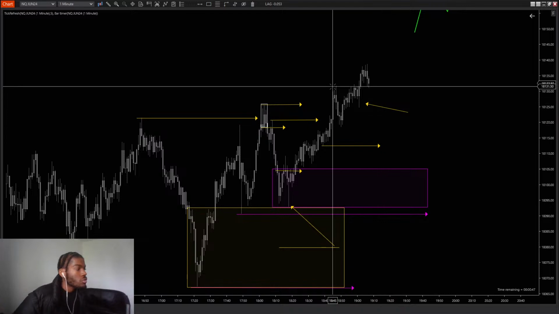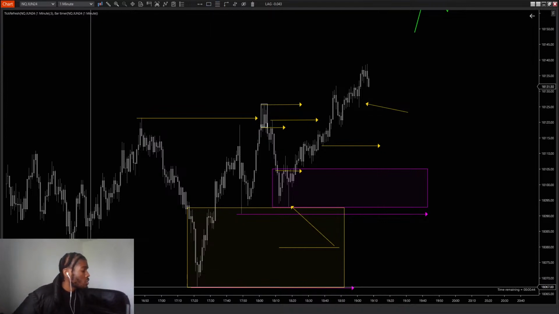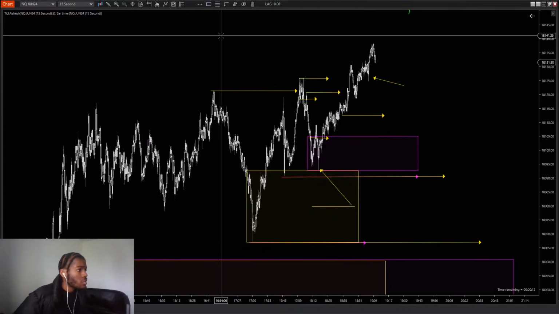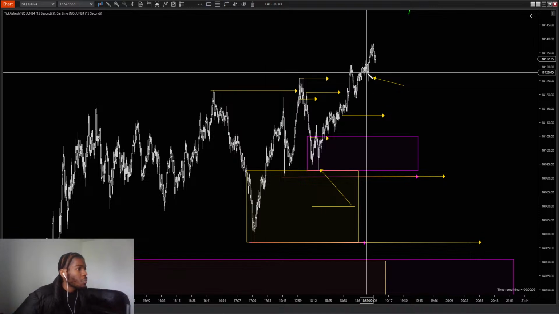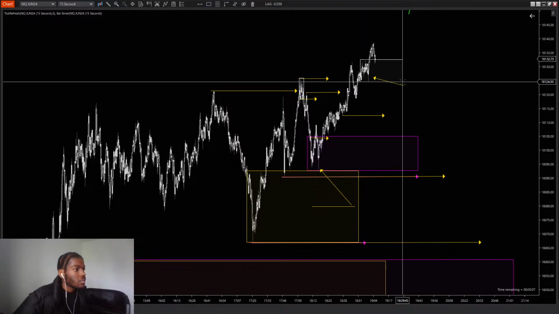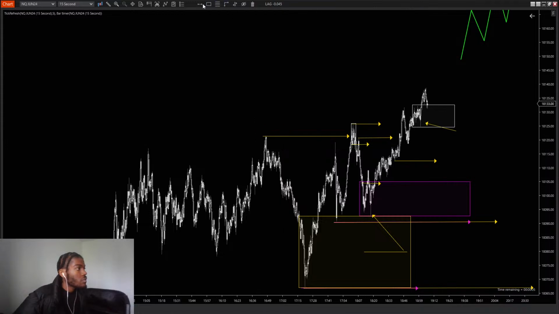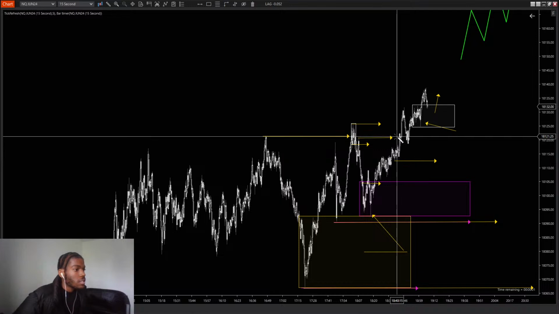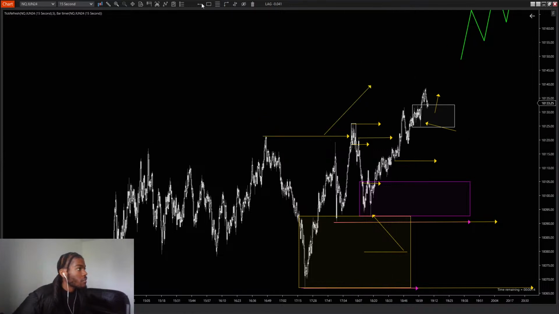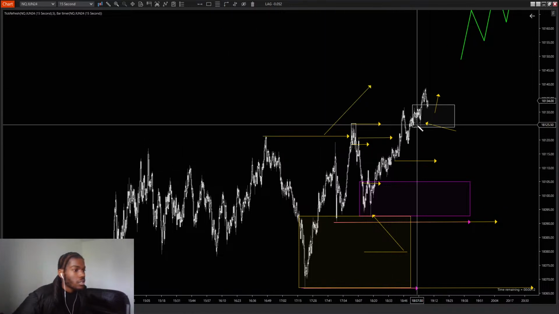That's not part of structure. So if for some reason you wanted to use this S&D here, first of all, it's at the top of the range, so you're not using that. Second of all, it's at the top of the higher time frame range, so you're not using that.